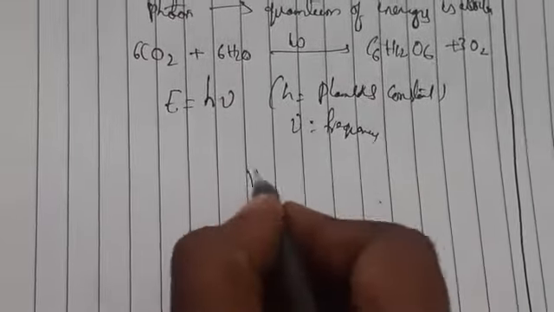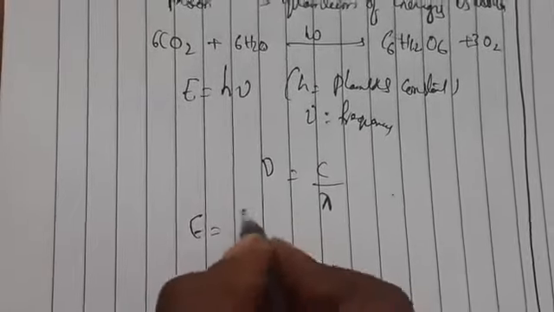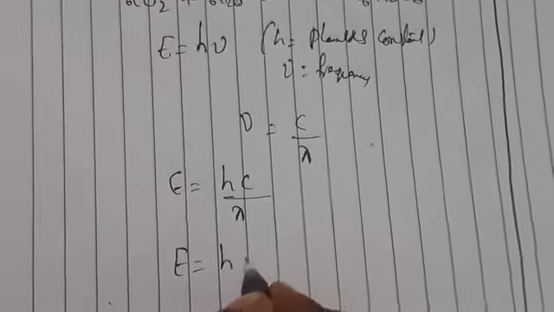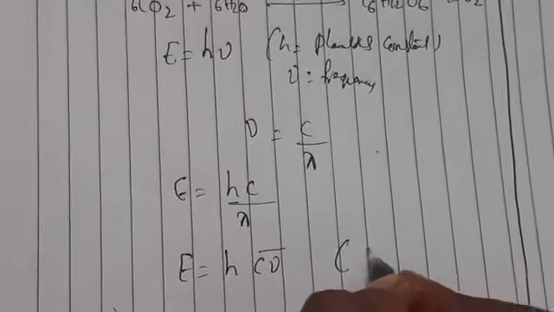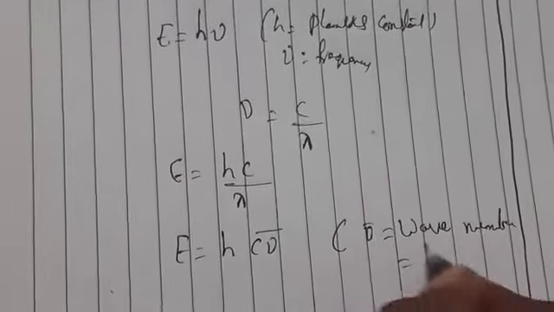Frequency is velocity of light per wavelength, so E equals hc by lambda, and E equals hc mu bar, where mu bar is the wave number, equal to 1 by lambda.